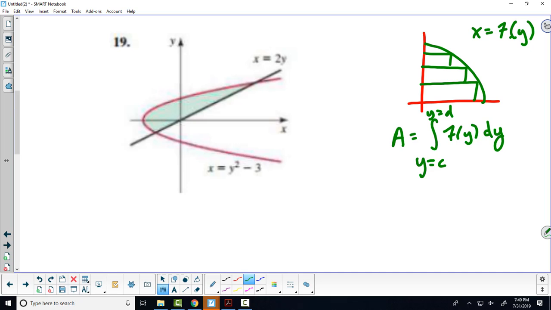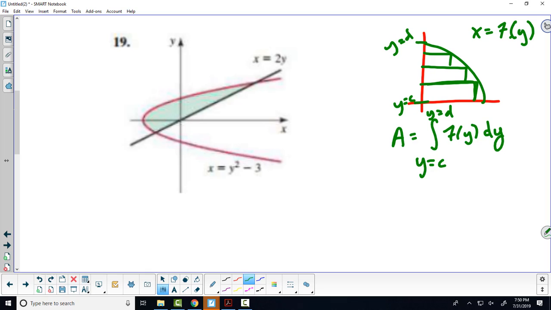Where this would be y equals c, and this would be y equals d. Okay, so be careful here, folks. This is an important skill for Calc 2 especially. My rectangles now go left to right instead of bottom to top.